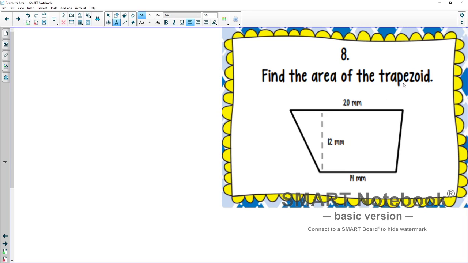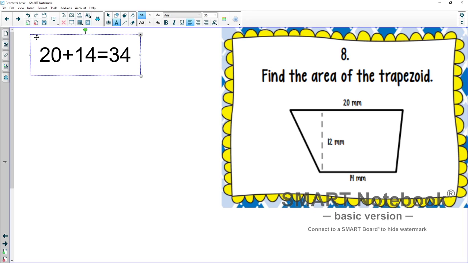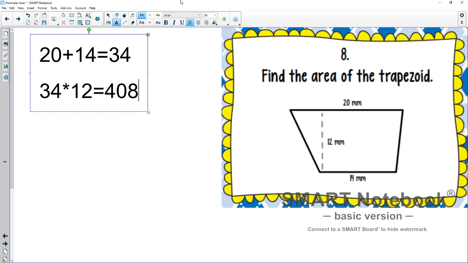Find the area of this trapezoid. Now I'm looking for the two parallel lines. Those are my bases. So if you said 20 and 14, you are correct. So let's try it. 20 plus 14, we will get 34. What's my next step? Multiply by the height. So 34 times 12. If I put that in a calculator, you get 408.